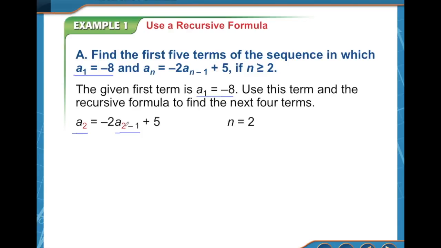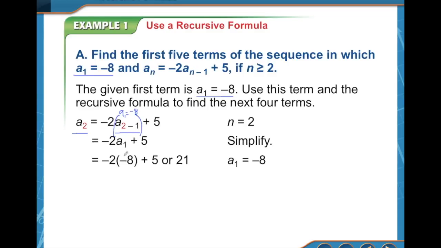So a sub 1 is just the first term, which we know, based on what was given, is -8. So this whole phrase, a sub 2 minus 1, is the same thing as -8. So we can plug that in right here.